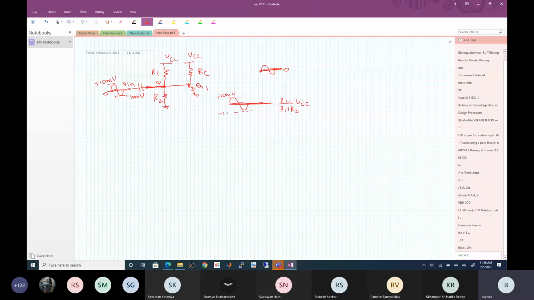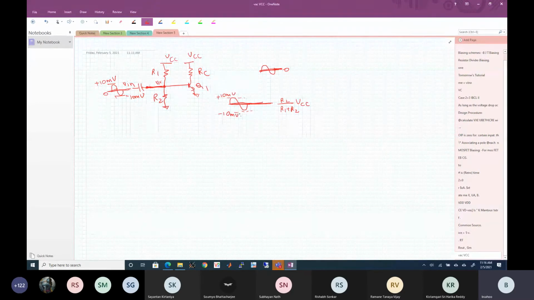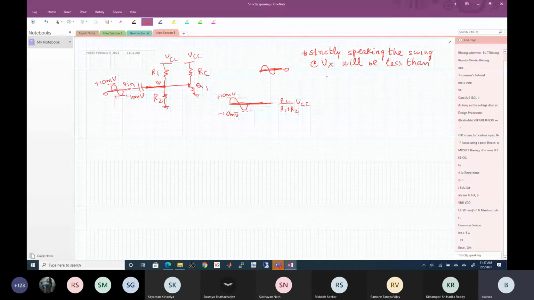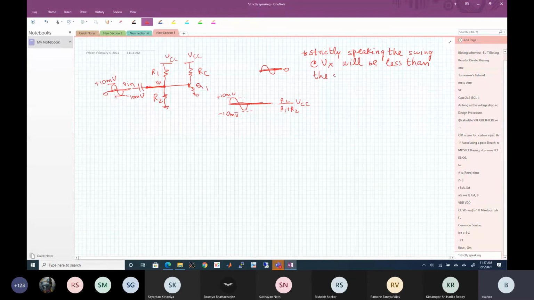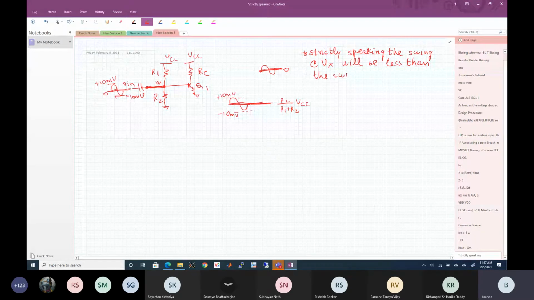Now, why am I saying roughly? It will be less than plus minus 10 millivolts. Strictly speaking, the swing at Vx will be less than the input swing of Vin.